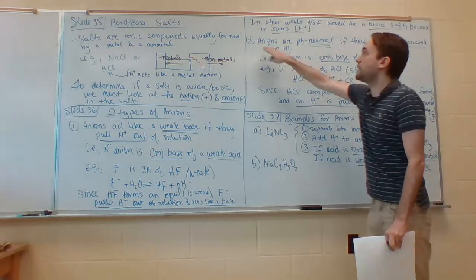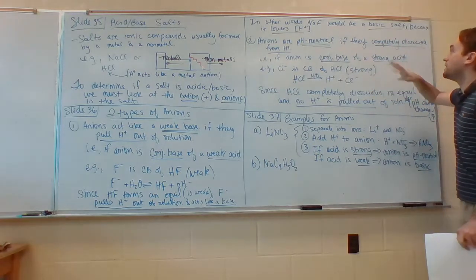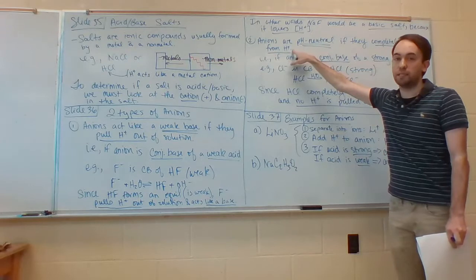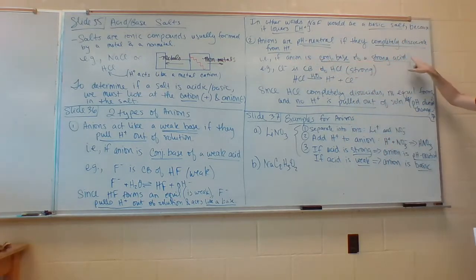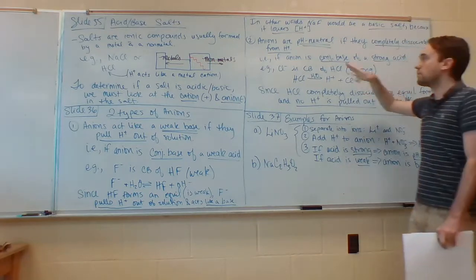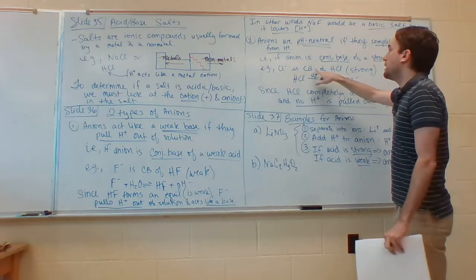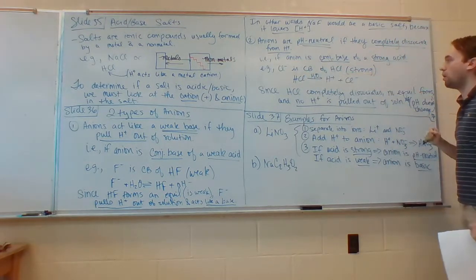Okay? The second type of anion is going to be pH neutral. Okay? And it's going to be pH neutral if it completely dissociates from H plus. Okay? So for example, if an anion is the conjugate base of a strong acid, an example of that would be the chloride ion. So chloride is the conjugate base of hydrochloric acid, which is a strong acid.